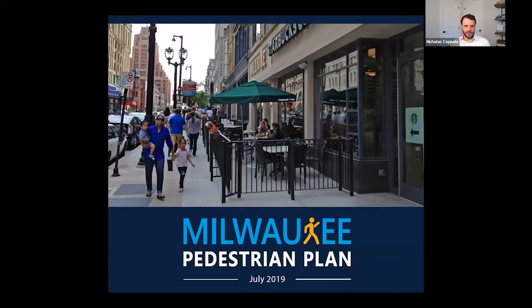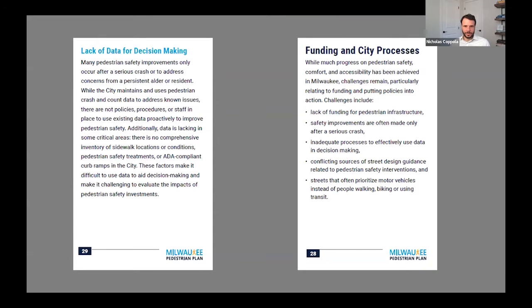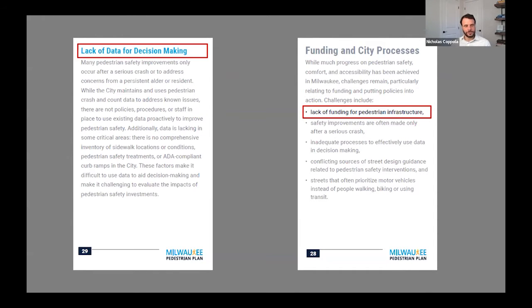So going beyond even just the academic literature, when we were looking at pedestrian plans, and this is a great example using Milwaukee, we were seeing that cities were also running into trouble with not just the data, but we could also see that part of the issue was a lack of funding to assist them with this. And of course, there was also the lack of data in turn, in part because of the lack of funding.